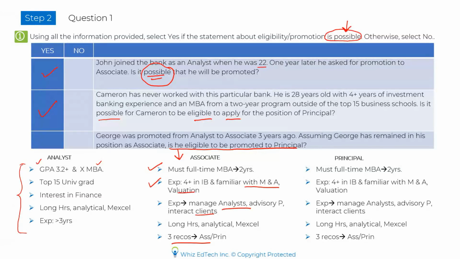We just know that he has a certain amount of experience as associate. That's all. So we don't know whether he is eligible. Therefore, this is a no. And that's the answer.